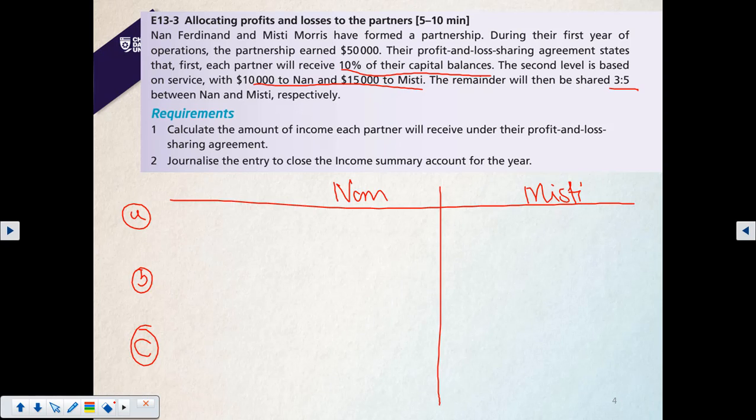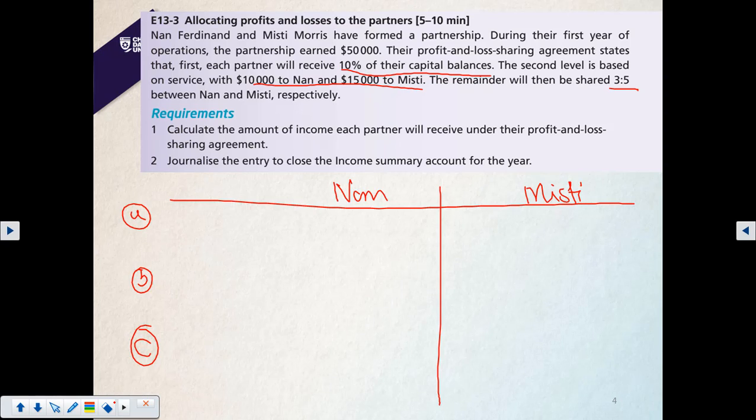You got it? Is there anyone who didn't understand? Three is to 5.